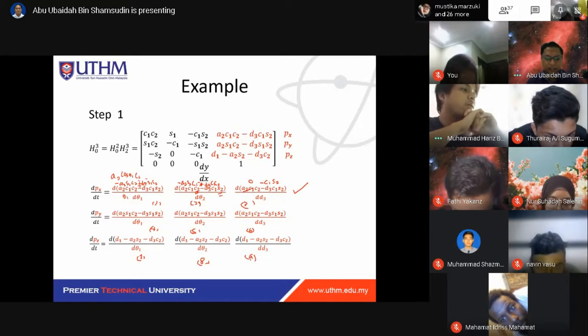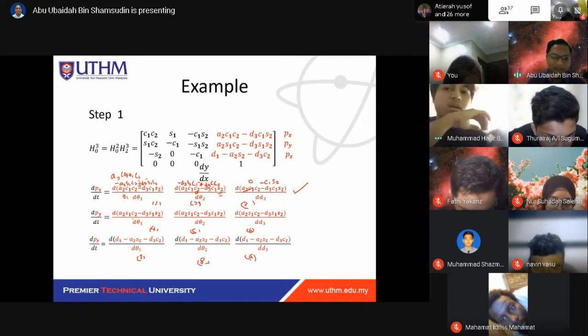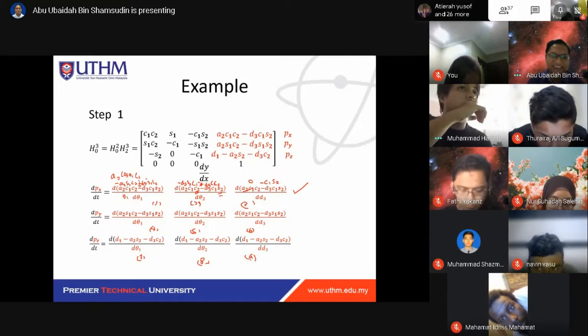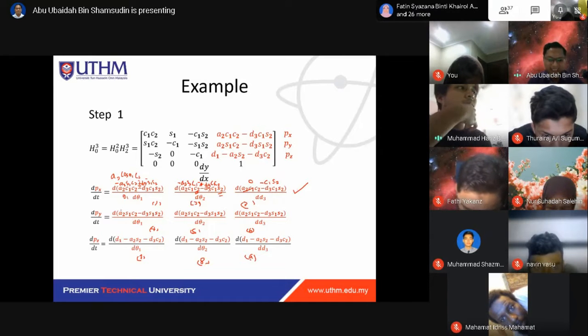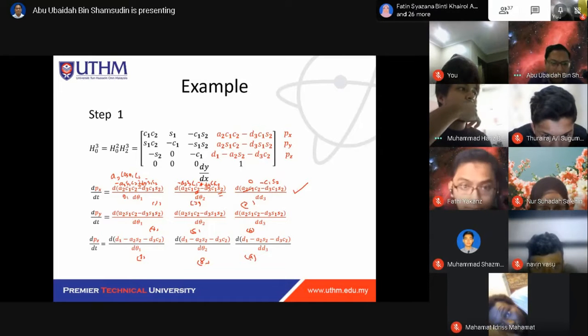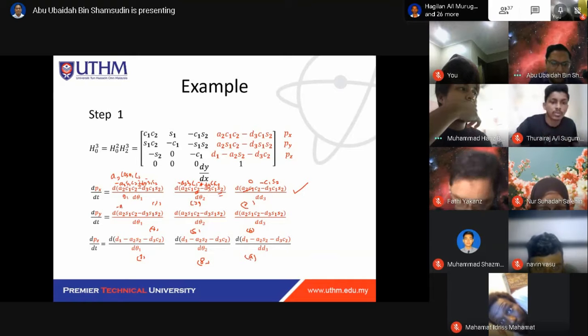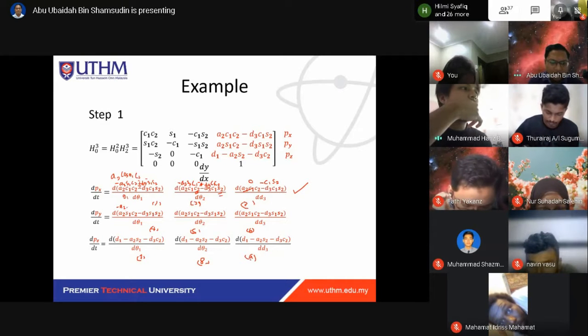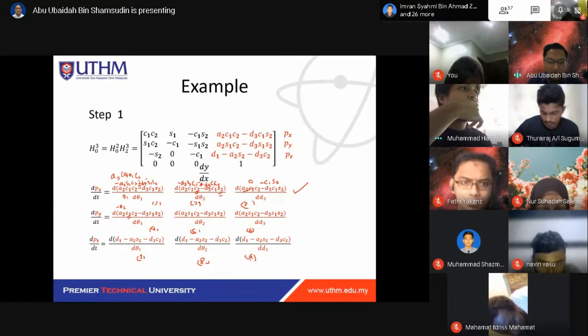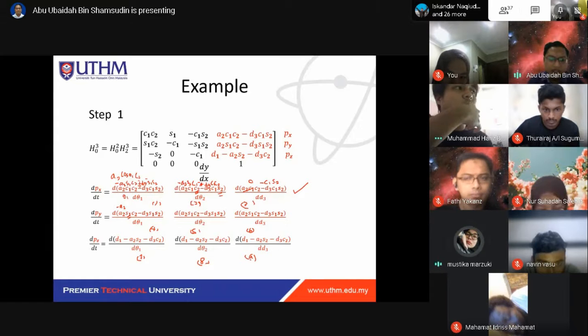Saya dah. Yes. Silakan. Negatif A2, okay, negative A2 S1, because this is sine theta 1. If we differentiate sine theta 1 with theta, we will become cos.